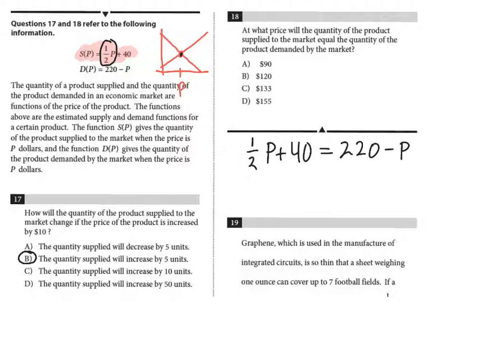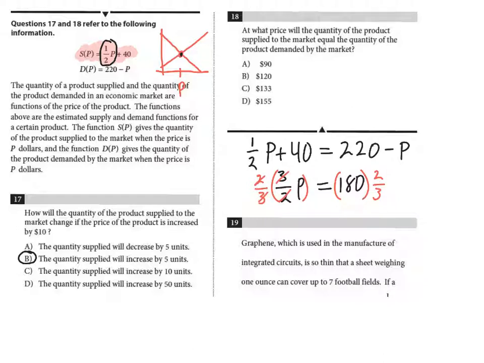Okay, and I'm going to add P to both sides. So I'm going to get 3 halves P, and I'm going to subtract 40 from both sides, equals 180. All right, well again, if we want to get rid of that coefficient, we need to multiply by the reciprocal. That would be 2/3. These guys are going to cancel out.